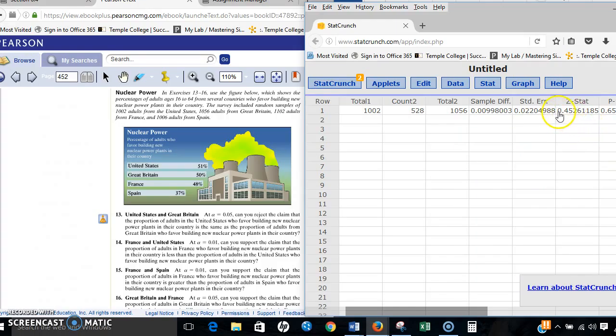Now you will notice that our z-stat value is 0.4526, or 0.453 to 3 decimal places.